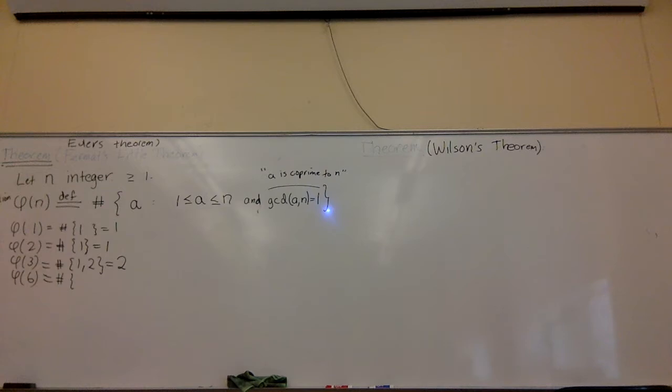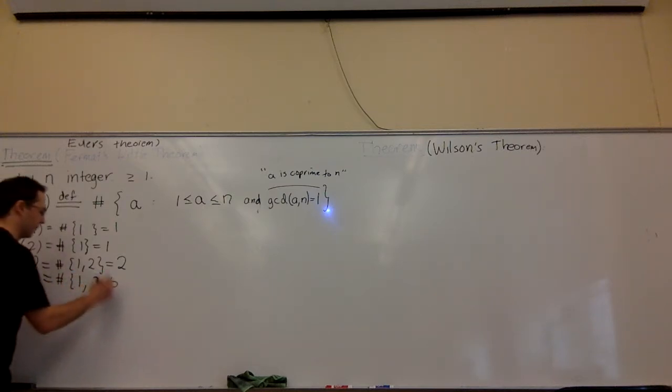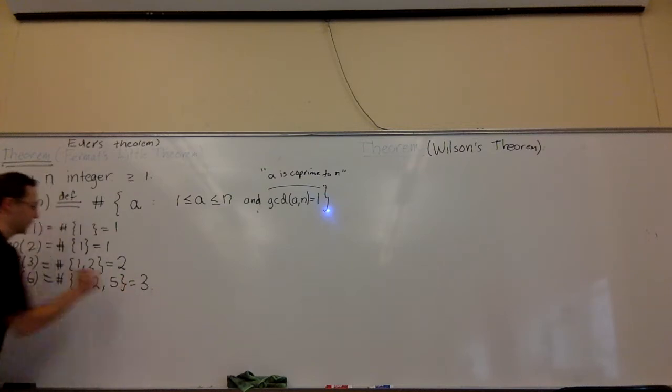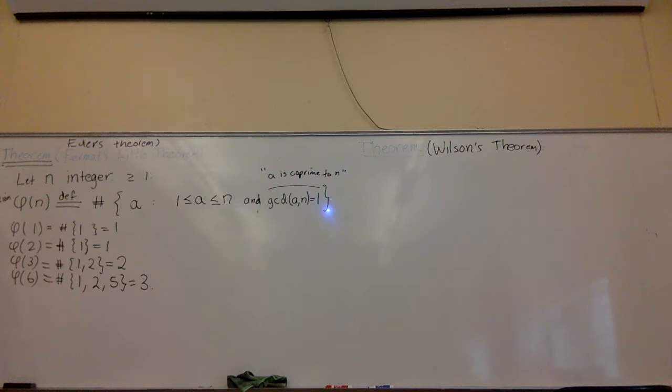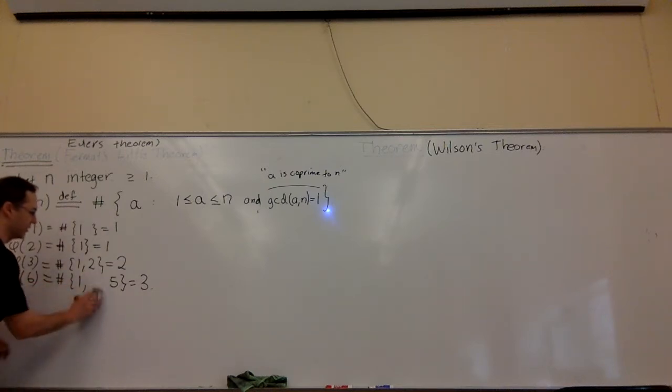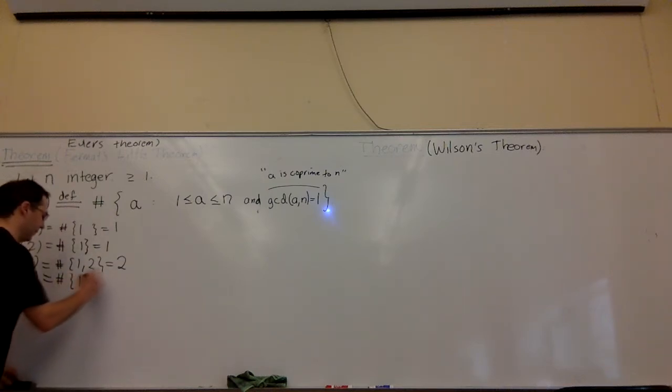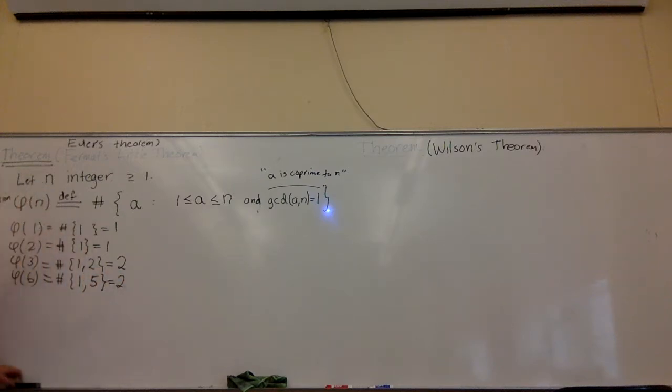I should be really confident that there either are or aren't. Are there any other numbers between 1 and 6? Right? So 2 is not co-prime to 6. So 1 and 5 are the only ones. I hope you're annoyed for a second there.